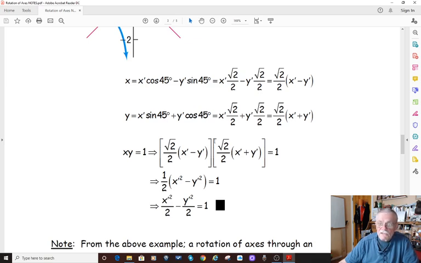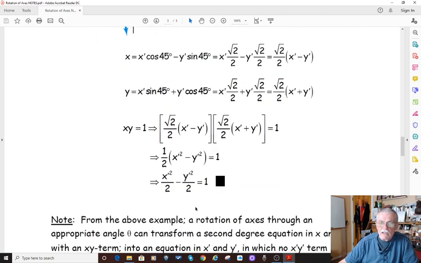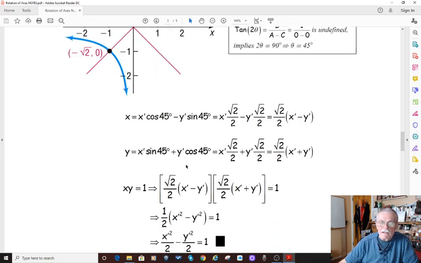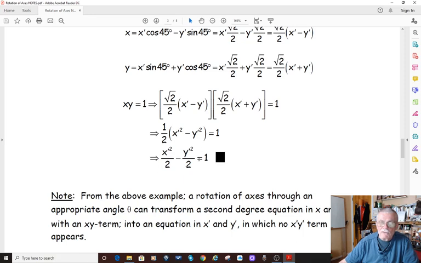And then I FOIL this out, and I get x prime squared minus y prime squared, and I simply divide by 2, and this would be the hyperbola in its standard form, in the x prime, y prime coordinates. We can see that we're more used to using it in this form.